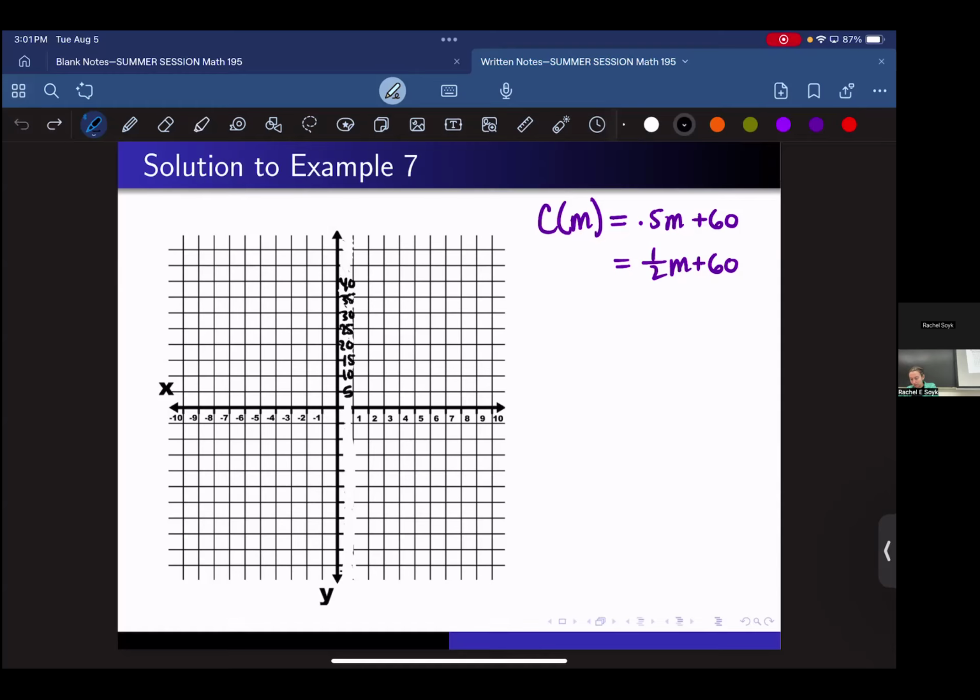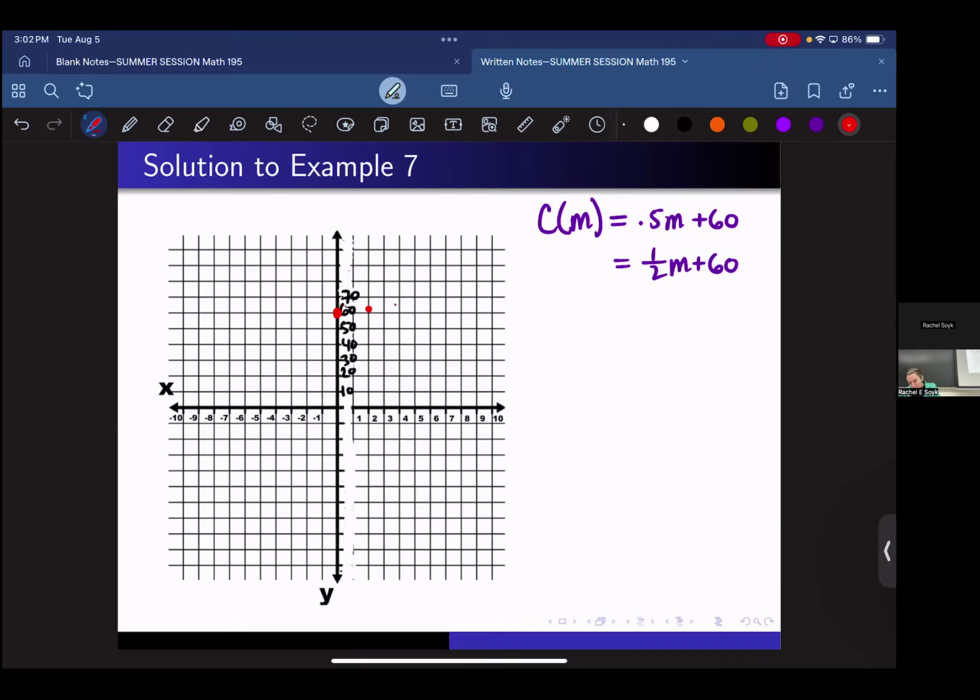I don't know why I did that. I should go up by 10s. So 60, and then we're gonna go up 1 over 2.